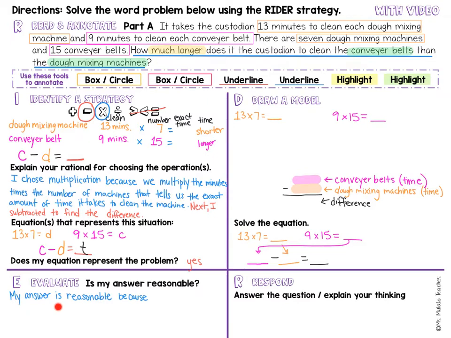My answer is reasonable because, and then you're going to think about, why is our answer reasonable? Why does it make sense that we first multiplied these numbers to find the exact time, then subtracted them? Go ahead and pause the video so that you are able to write why you believe your answer is reasonable.